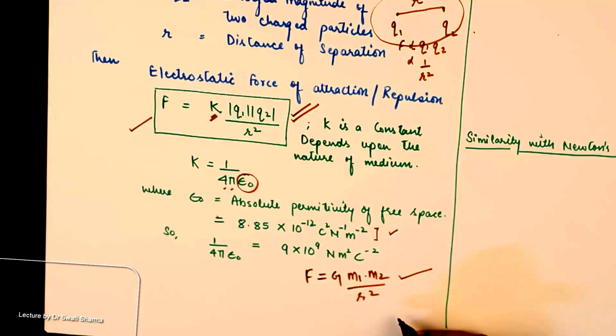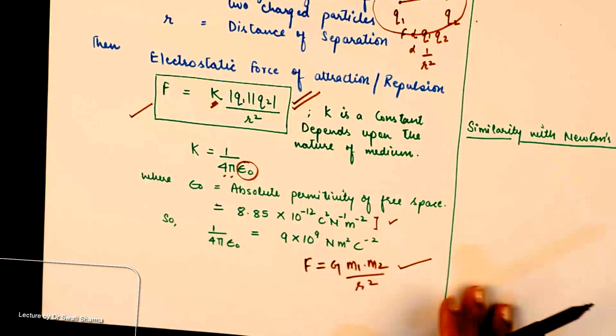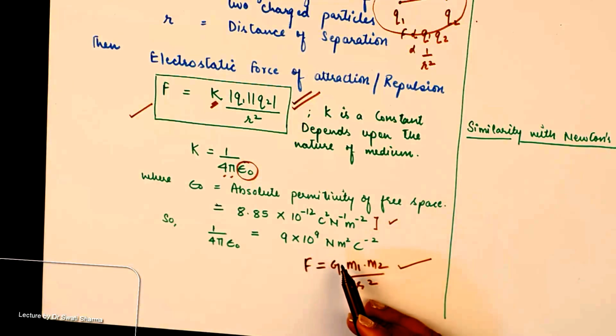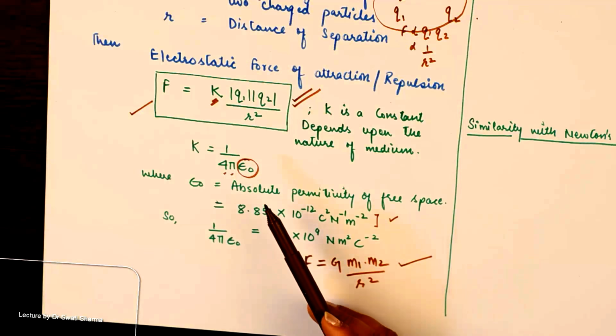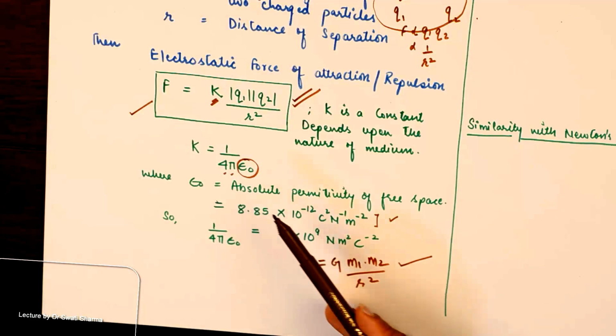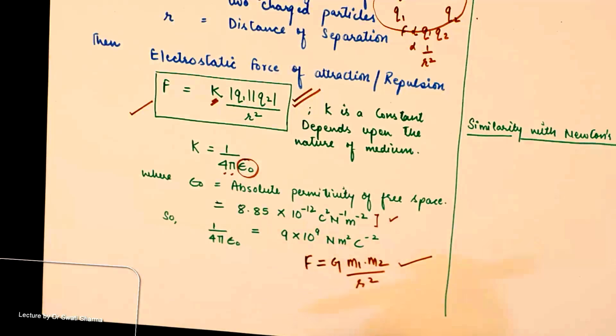Now, the point of similarity between these two laws is that both Coulomb's law and Newton's law follow the inverse square law. The laws differ in the fact that gravitational forces are always attractive in nature, whereas electrostatic forces are both attractive and repulsive. This could be related to the fact that mass is only of one type.